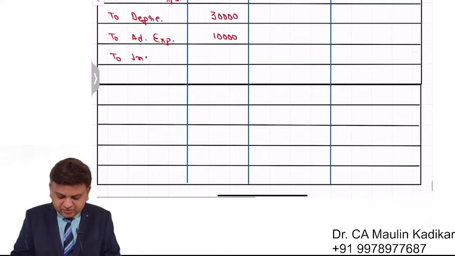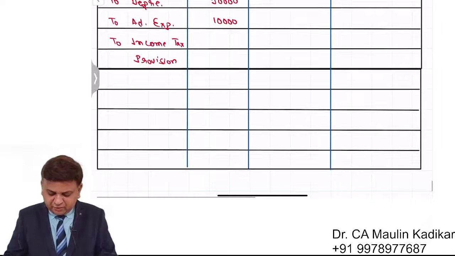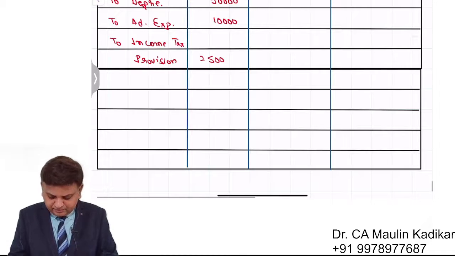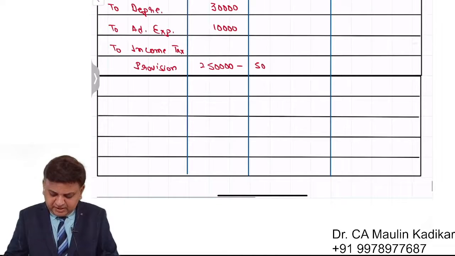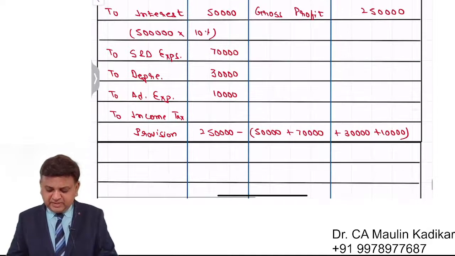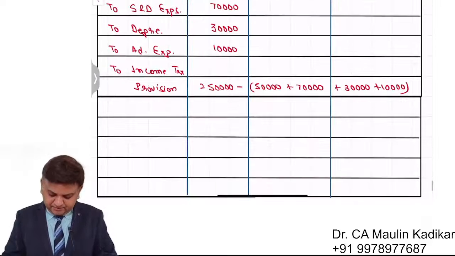So to income tax provision, that is an amount of 2,50,000 minus all these expenses 50, 70, 30 and 10. All of them are deducted from 250 into tax rate.